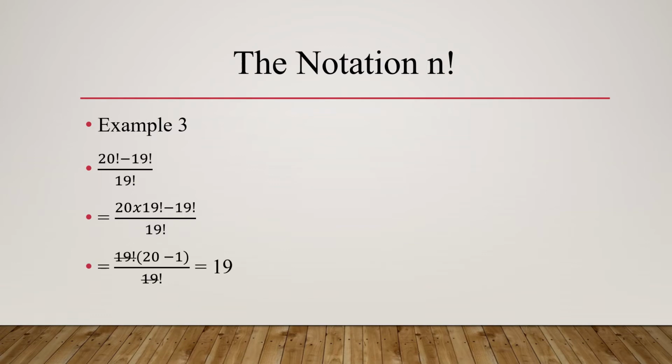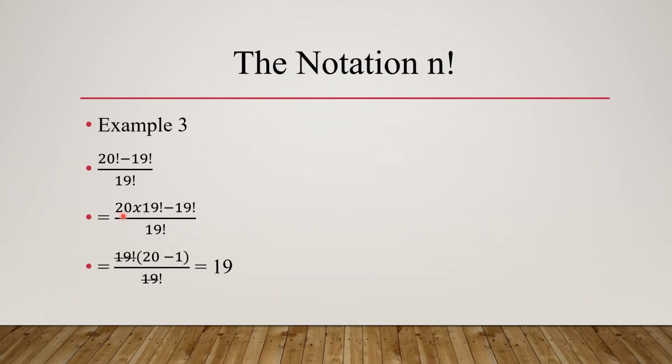Example 3. Here is 20 factorial minus 19 factorial, divided by 19 factorial. So again, we can write 20 times 19, and originally we can write very long, like times 19 and then times 18 and then times blah blah blah up to 1, but there's no need to write in such a way.